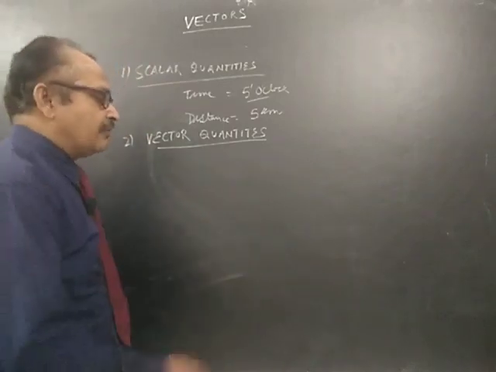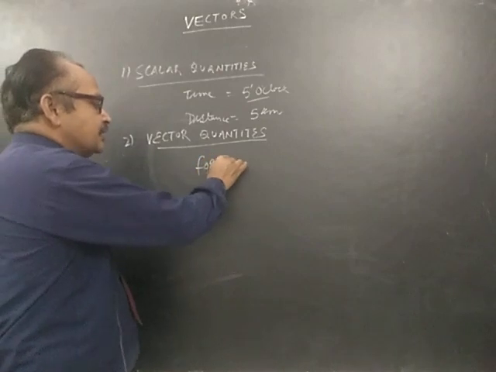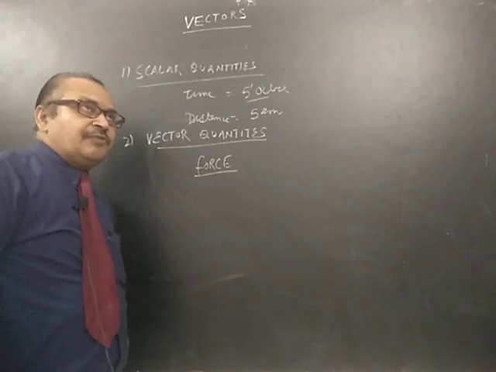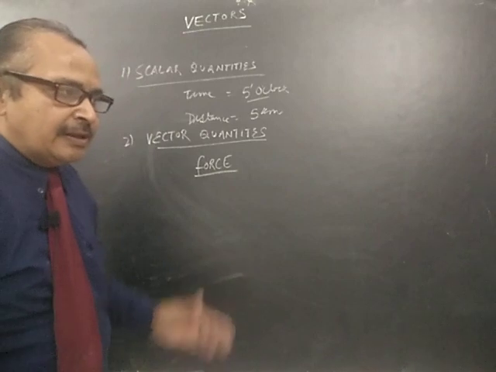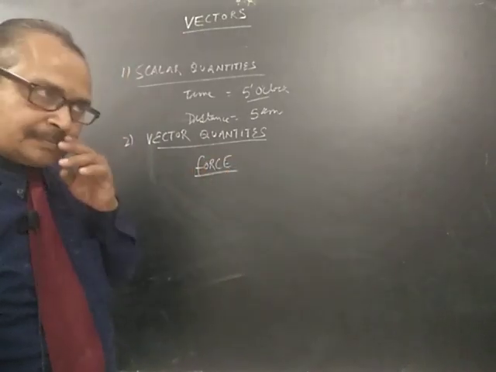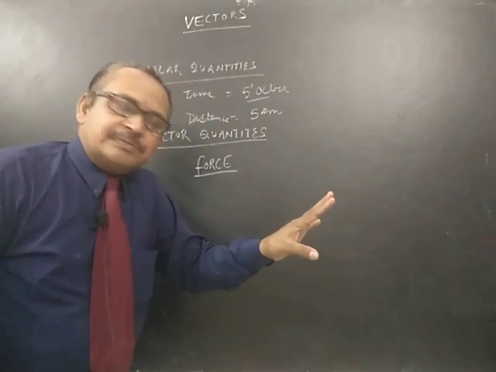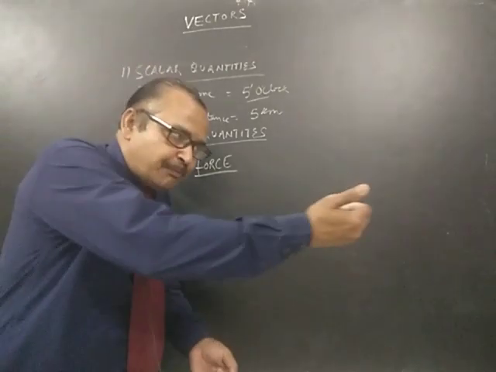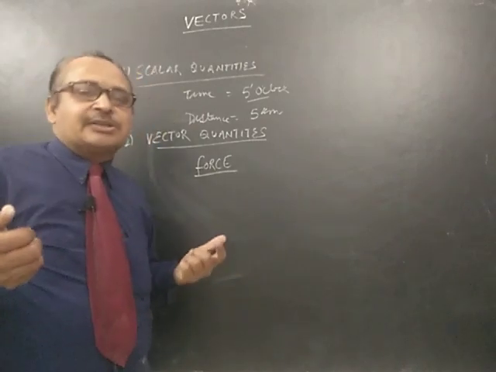For example, when I talk about a quantity like force, from the definition of force itself, you can easily know that force is a push or a pull. When I say push, I am talking about direction. When I say pull, my dear friends, again I am talking about direction.